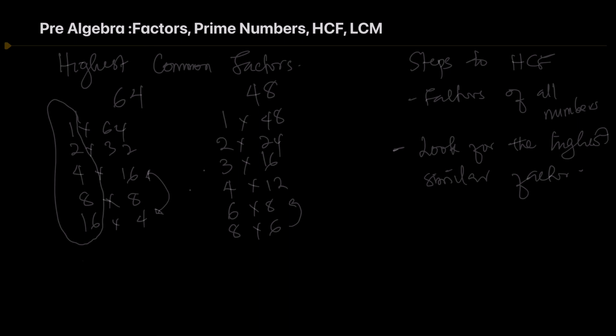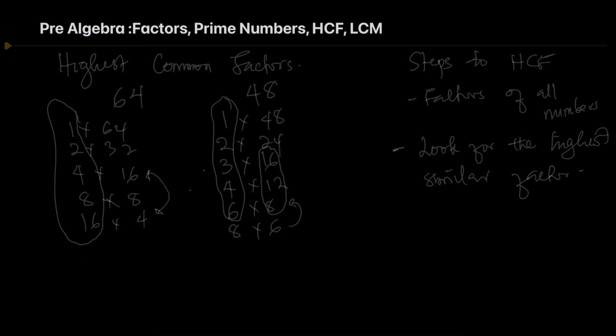So we know that the factors here are 1 to 4, 6, and then 8 to 16, right? So we have 1, 2, 3, 4, 6, 8, 12, and 16, and also 24 and 48.